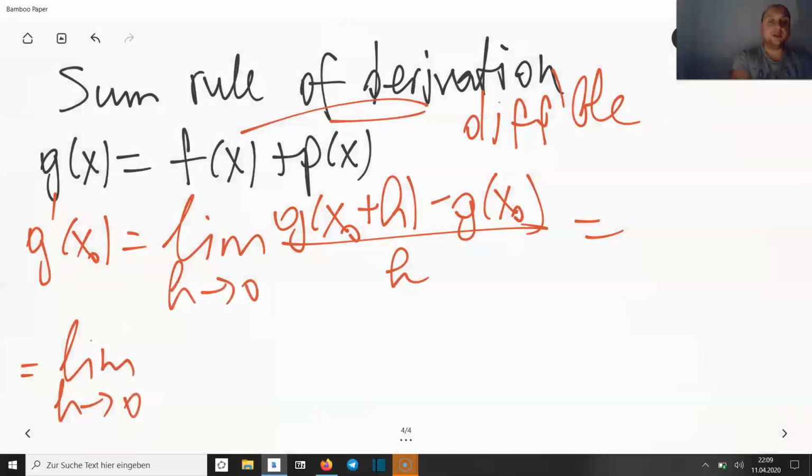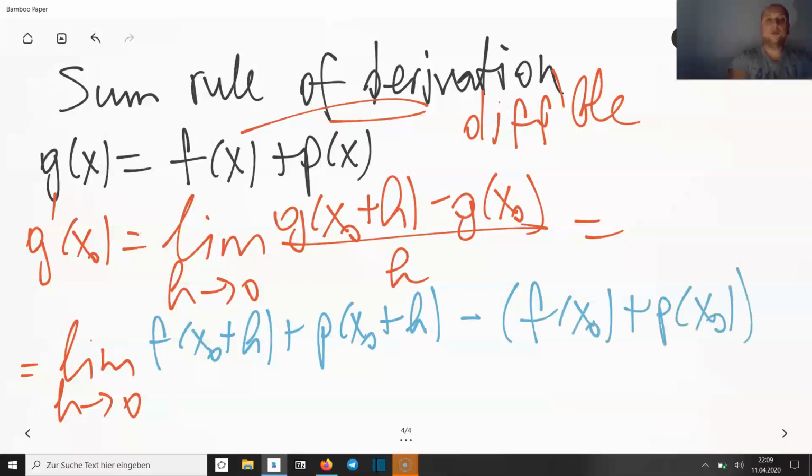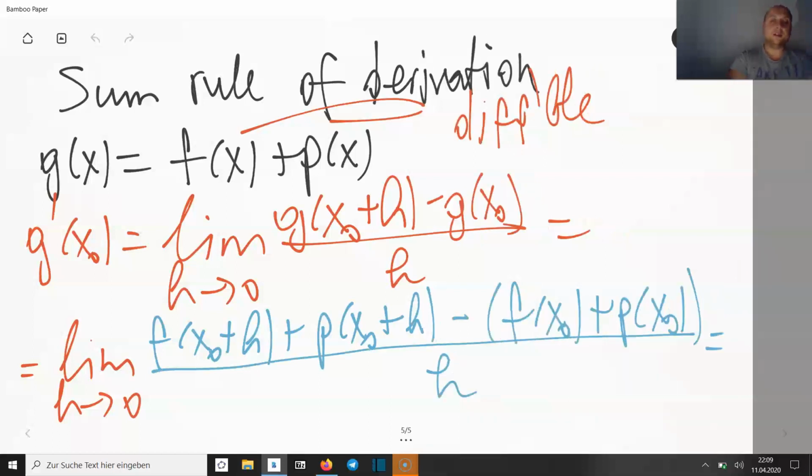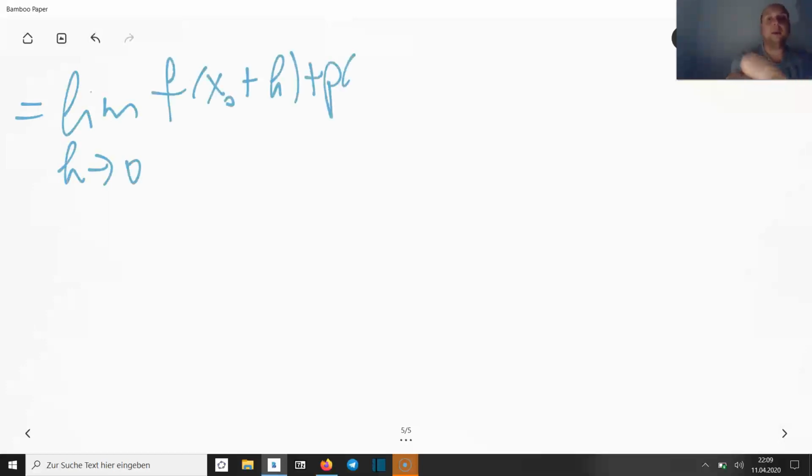So we just get f of x0 plus h plus p of x0 plus h minus, I open the parentheses, f of x0 plus p of x0, divided over h. Now we can solve the parentheses and we're going to get the limit h towards 0 of f of x0 plus h plus p of x0 plus h minus f of x0 and minus p of x0.